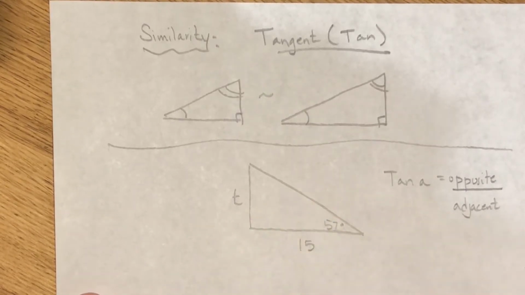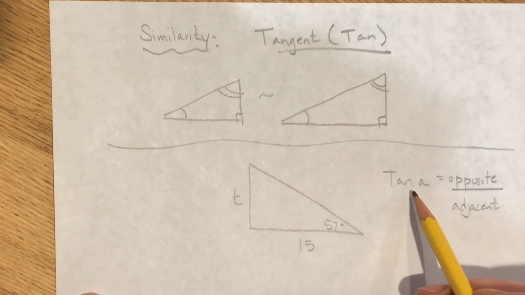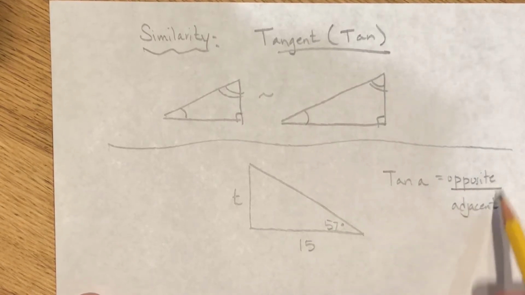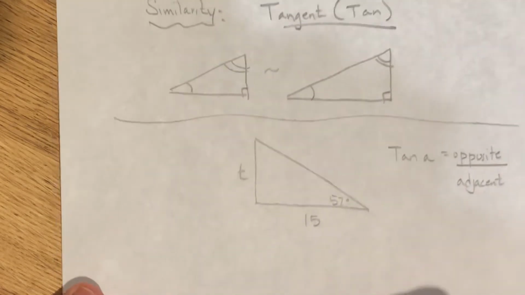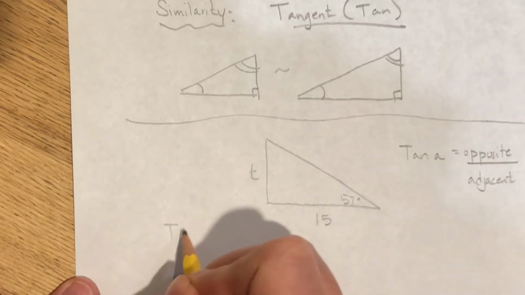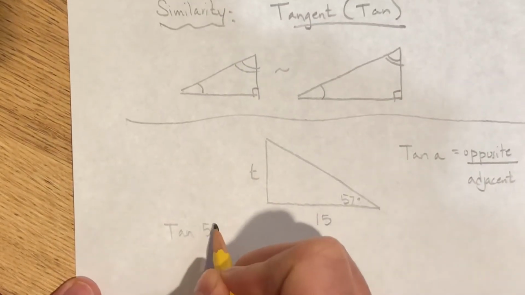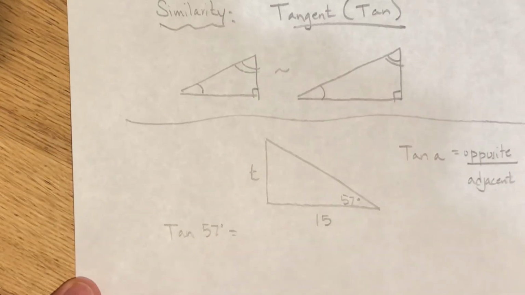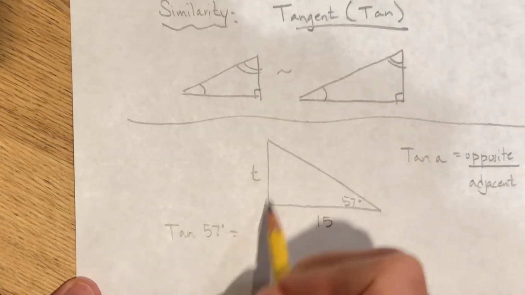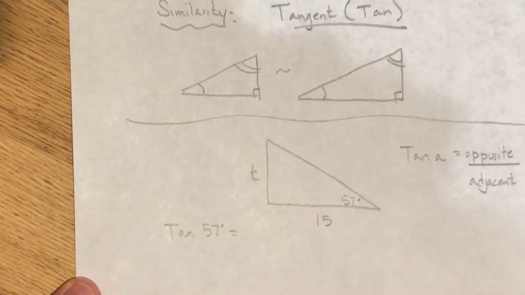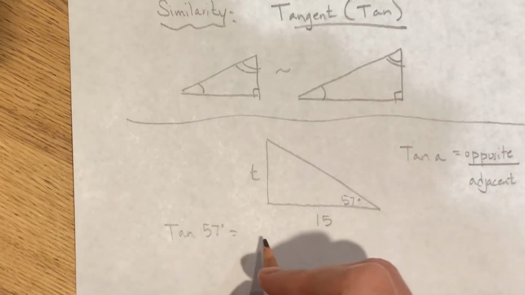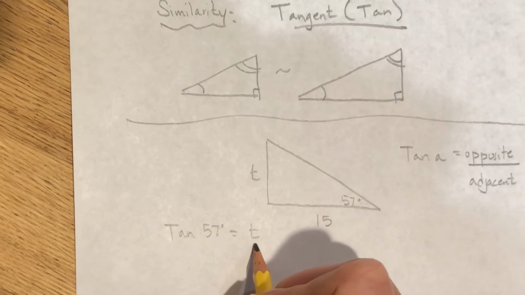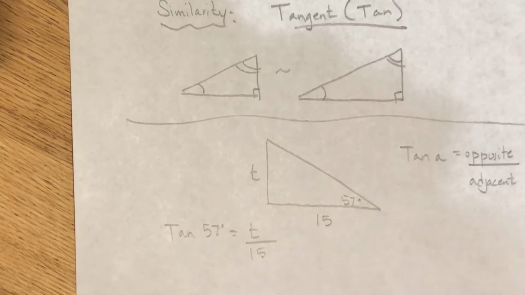We don't know anything about it, but that's okay, because tangent has nothing to do with the hypotenuse. So we could set up a ratio: tangent of 57 degrees. And remember, tangent is just the shortcut way of saying take the length of the opposite side compared to the 57 degree angle and divide it by the adjacent side. So we'd have tangent of 57 degrees equals t, the opposite side, over 15, the adjacent side.